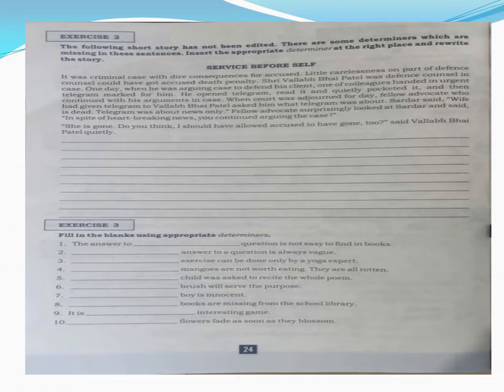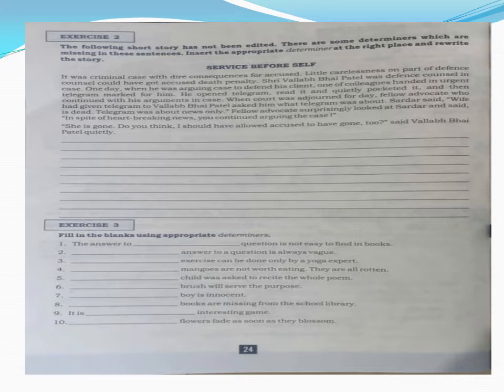Defense counsel could have got the accused death penalty. Here, which part? On the part of the defense counsel. On the part means the definite defense counsel is here, and we are talking about a definite part. That's why here the article the will be used, and we are talking about which accused. That is also given here, definite.